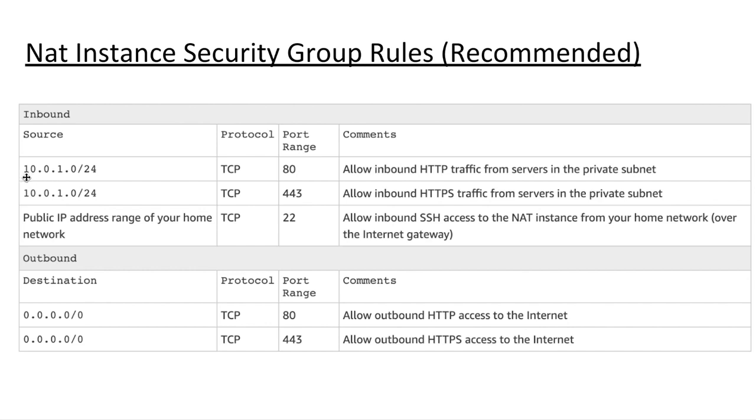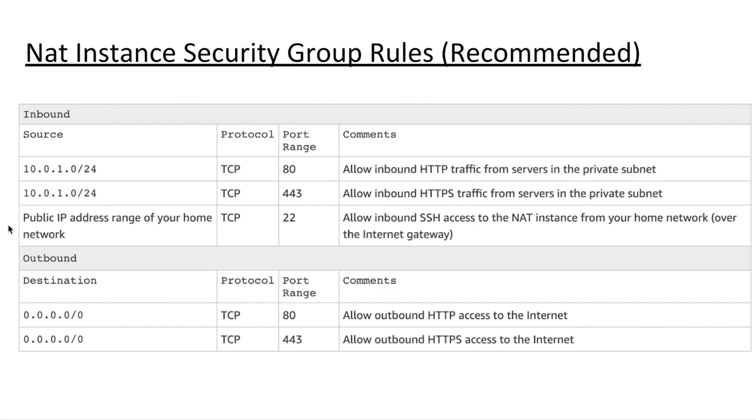So now assume this is the private subnet IP address range 10.0.1.0/24. You have to allow both the 80 and 443. So this is basically allowing both HTTP and HTTPS traffic that is generated within the private subnet, right?